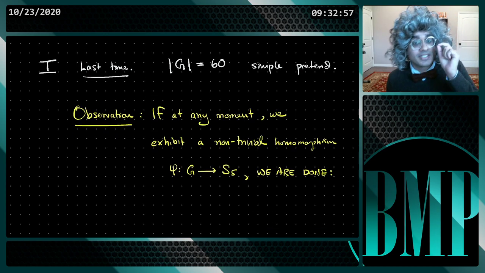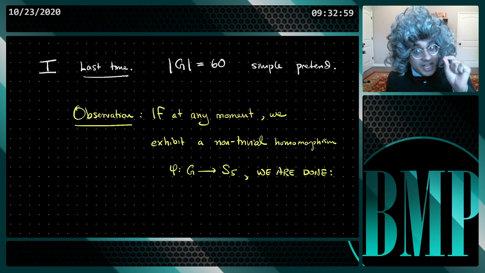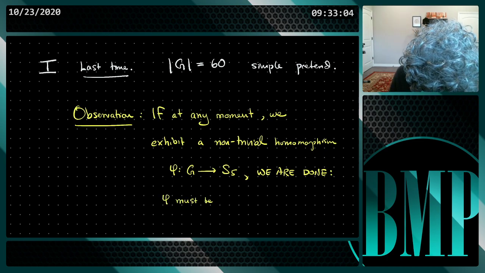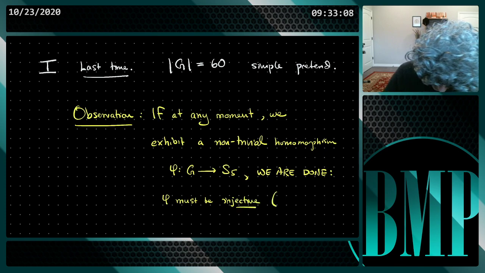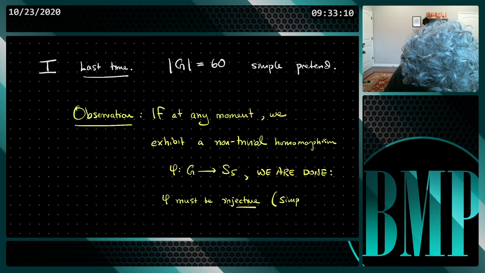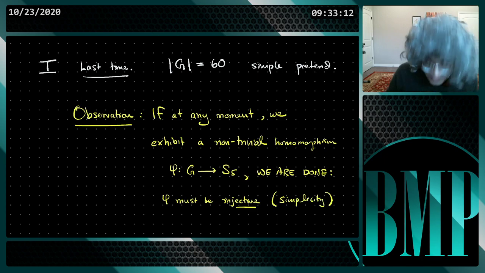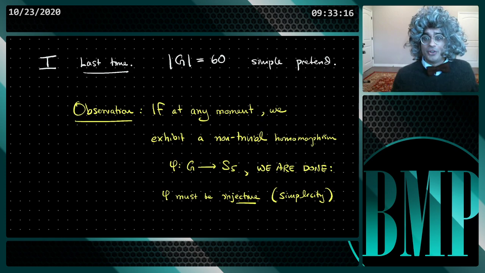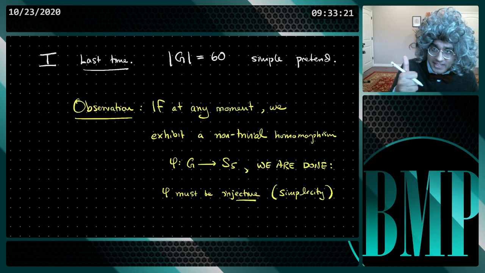Why? Because that homomorphism has to be injective, because kernels are the normal subgroups in this world. Okay, so it has to be injective.